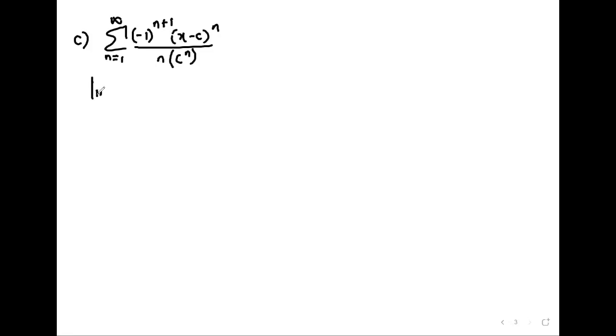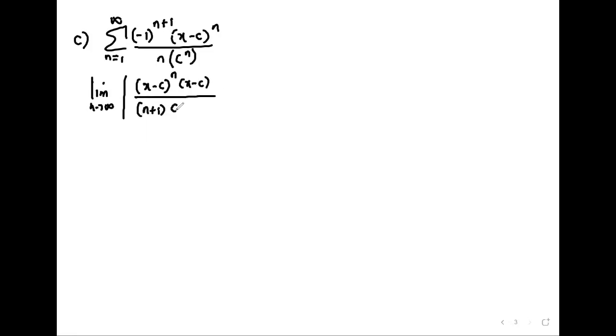The ratio test again, the limit as n goes to infinity, absolute. I'll leave out the negative 1 because I know if I take it inside, it will be eaten up by the absolute. So I'm going to have x minus c. As I write the n plus 1, I'll be careful. I'll write it as n, and then the plus 1, I'll write it alone. And then over again, n plus 1.